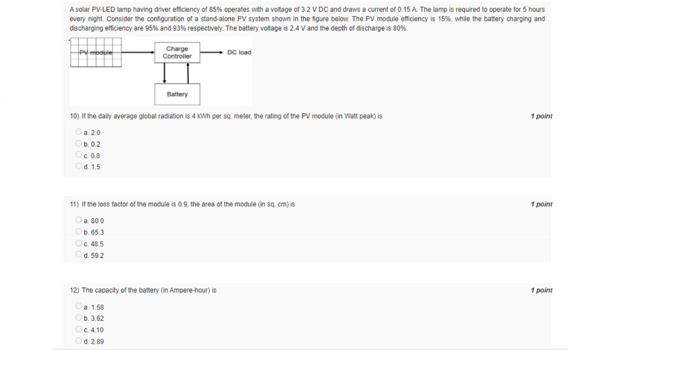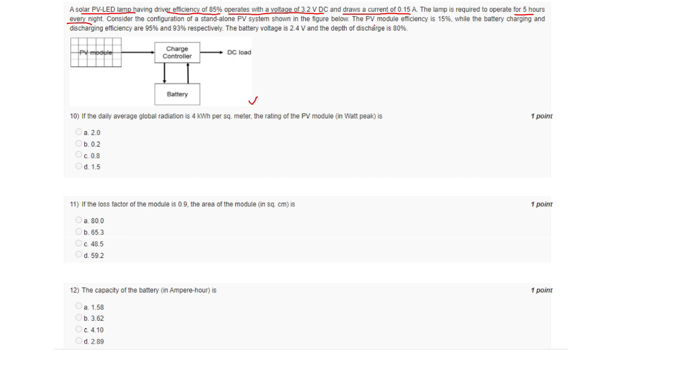Now this is another question. We have a solar PV LED lamp having a driver efficiency of 85%, which operates with a voltage of 3.2 volt DC and draws a current of 0.15 ampere. The lamp is required to operate for 5 hours every night. Consider the configuration of a standalone PV system as shown in the figure below.